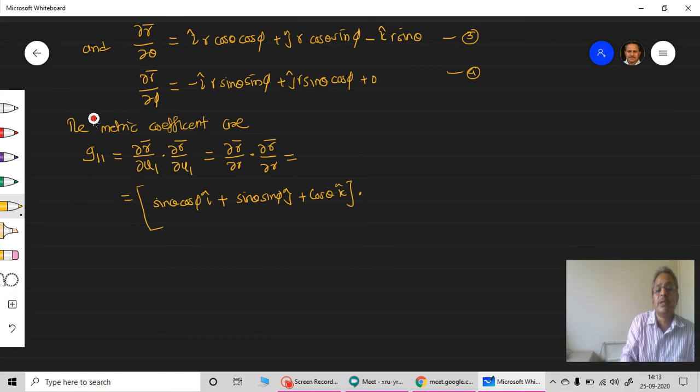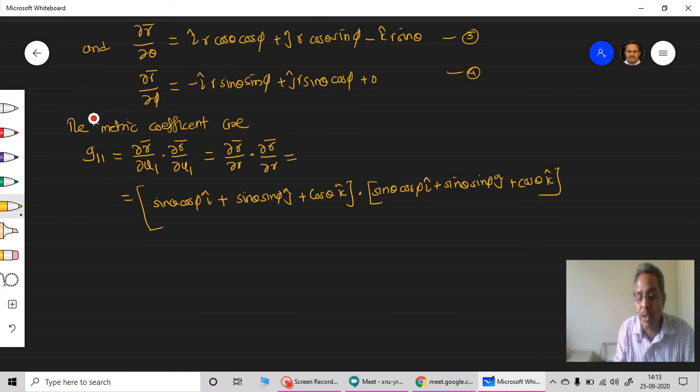This is my first vector, dot, again with the same vector: sin theta cos phi into i cap plus sin theta sin phi into j cap plus cos theta into k cap.